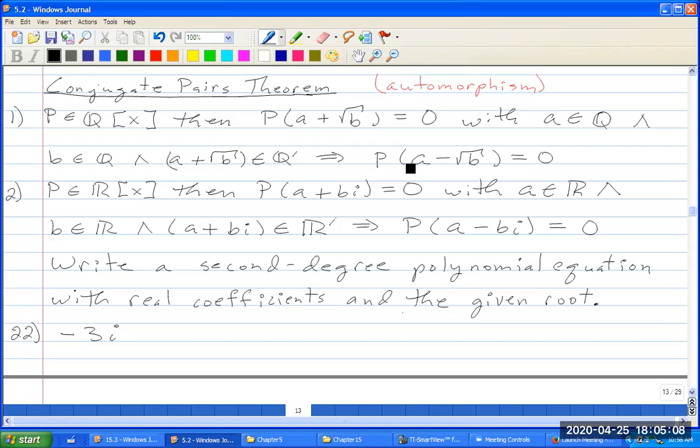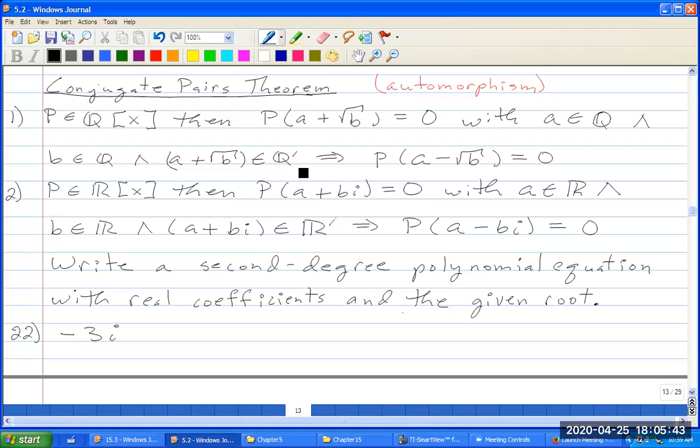Notice that these statements are the same. You start in some field, but you assume that this root here is not in your field, then you do the same thing, but you subtract it. So if A plus Bi is a root to your polynomial, then A minus Bi is also a root to your polynomial. So we have that roots come in complex conjugate pairs.